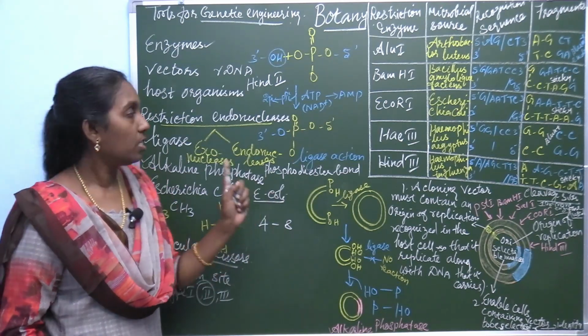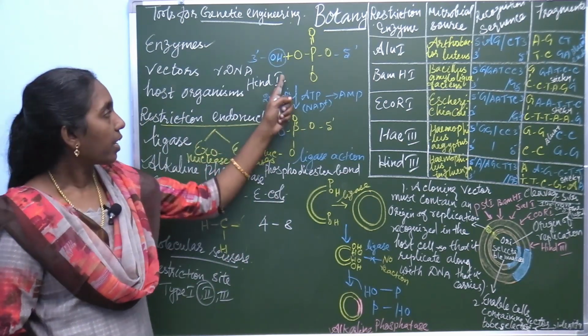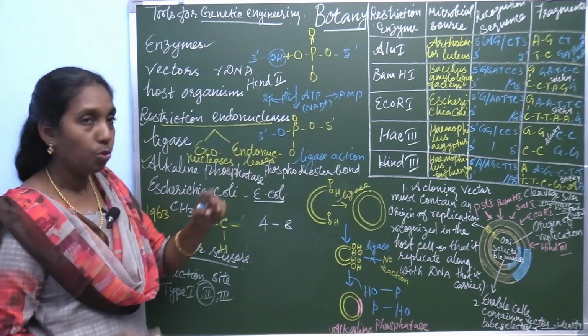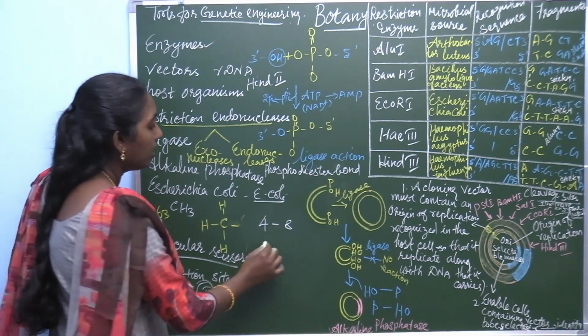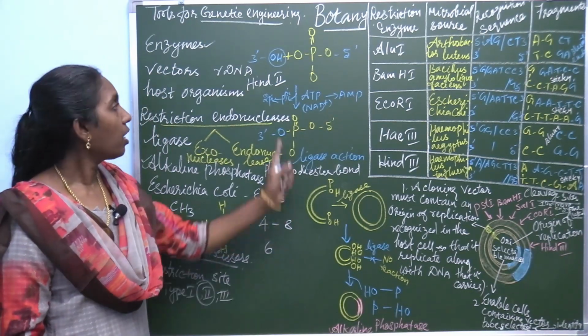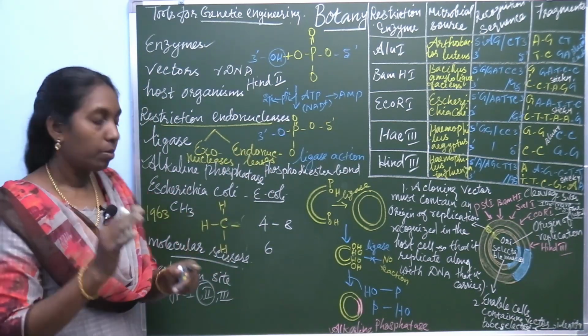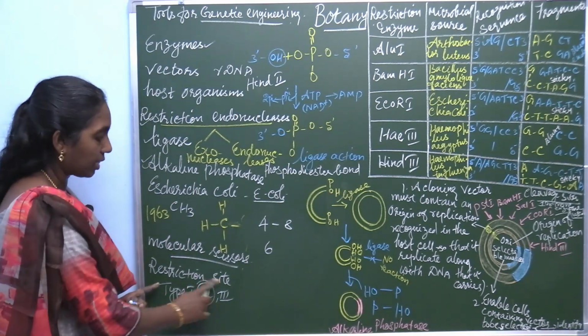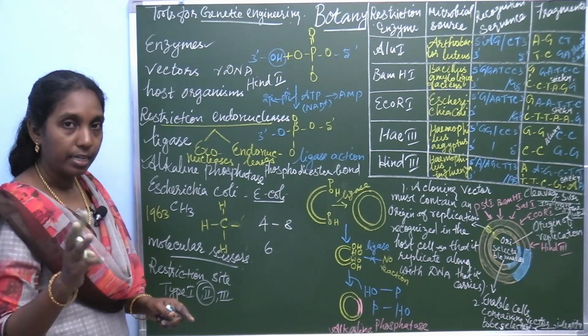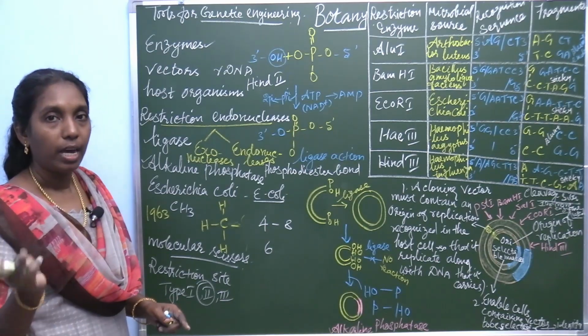Mainly this HindII is used to cut a 6 base pair sequence. So, there are 3 different types of restriction enzymes according to this classification: type 1, type 2 and type 3.